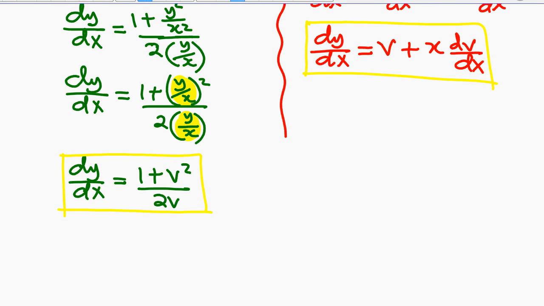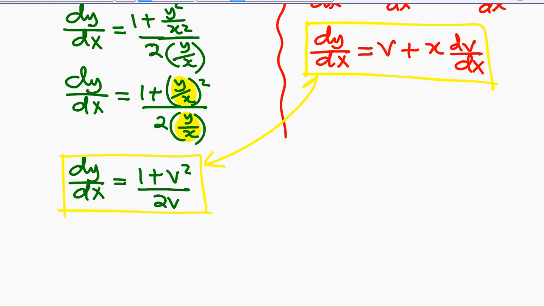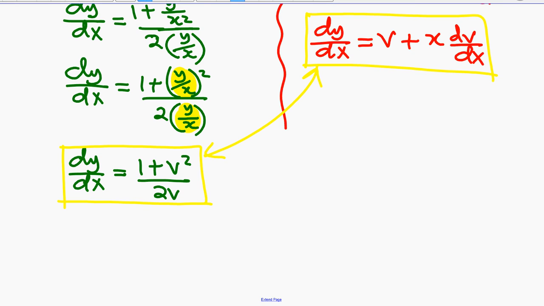What I'm going to do next is put these equations together. Equate these equations together. So I'll end up with v plus x dv over dx equal to 1 plus v squared over 2v.